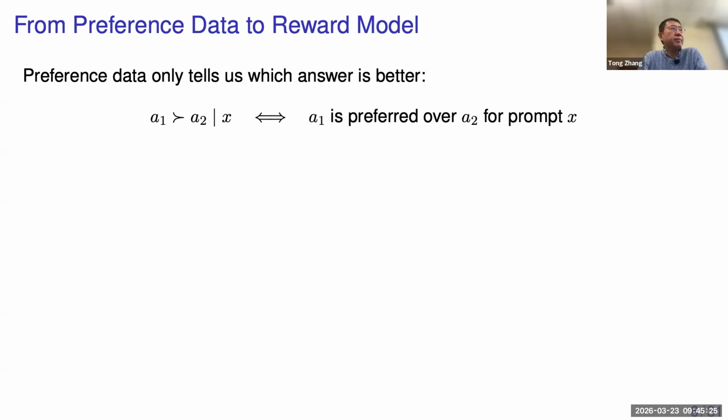But preference data only tells you which answer is better. Essentially, this means given a prompt X, answer A1, just like the format we saw before, is preferred over answer A2.